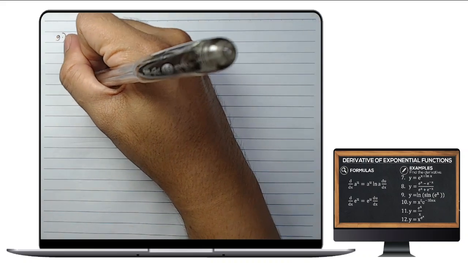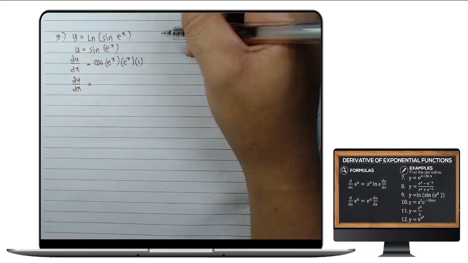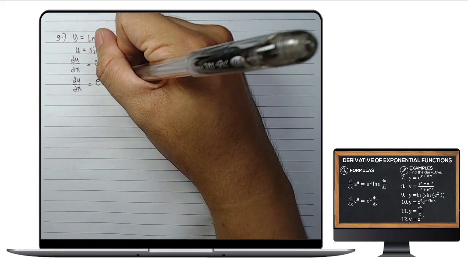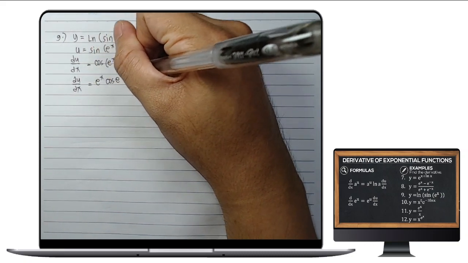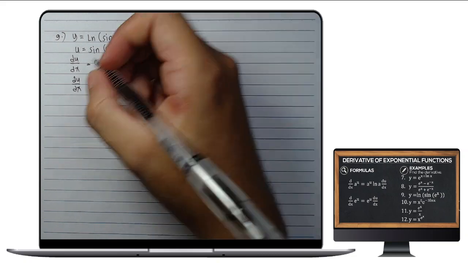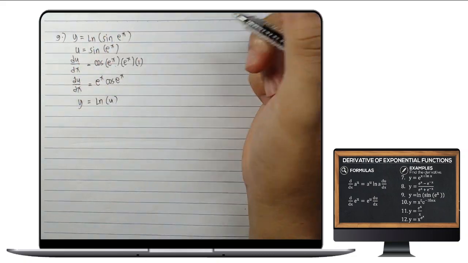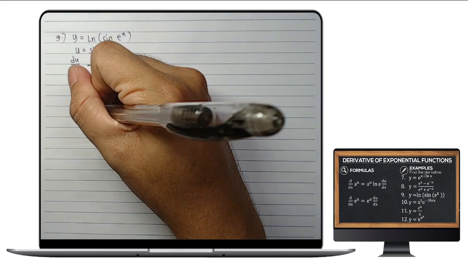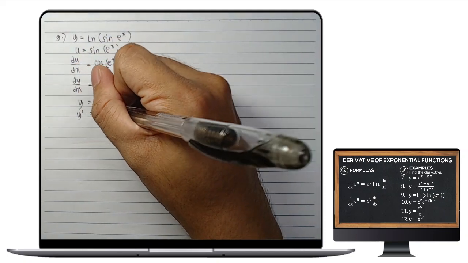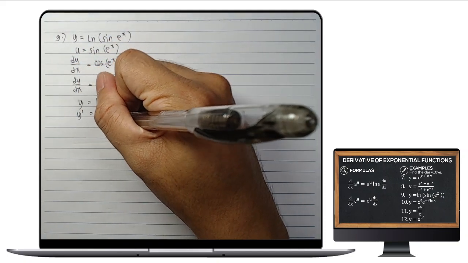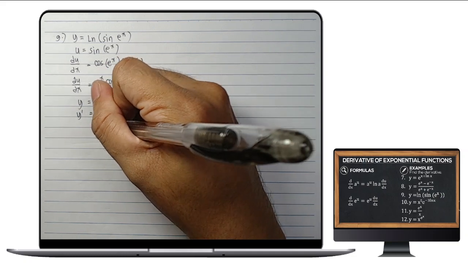So let's simplify. The derivative of u with respect to x is e raised to x cosine of e raised to x. Therefore, our y is simply ln of u. And when we get the derivative of ln of u, that is the derivative of u with respect to x divided by u.